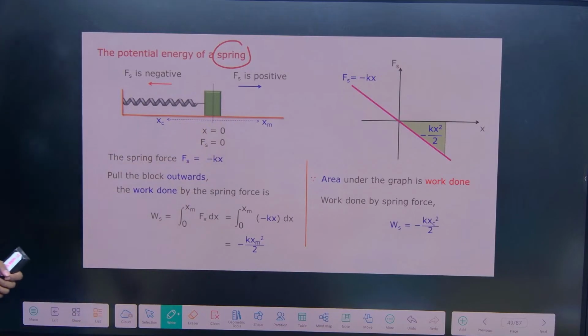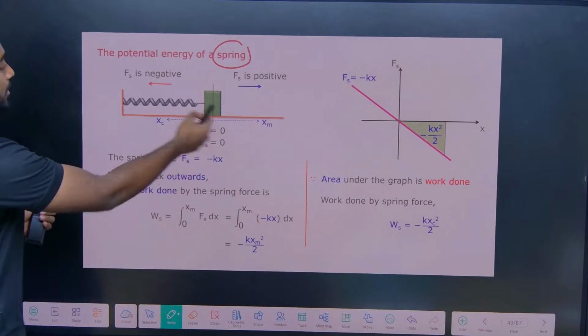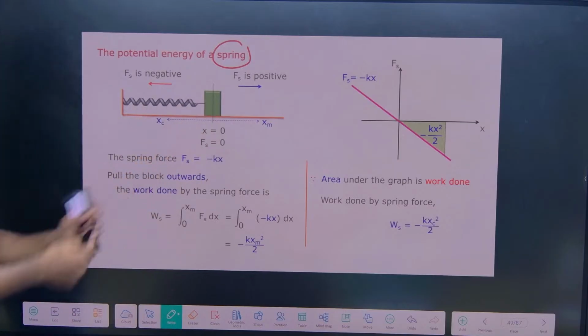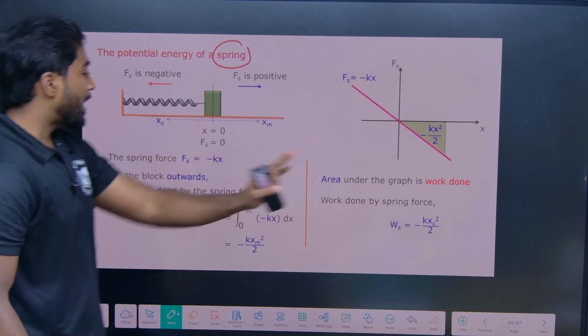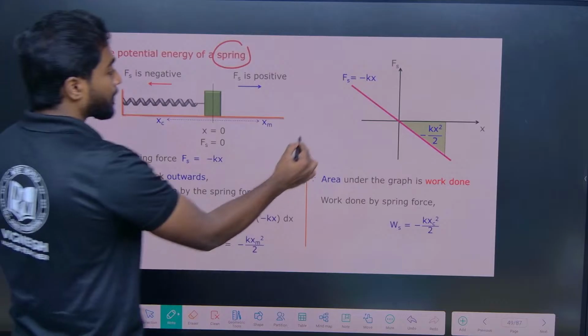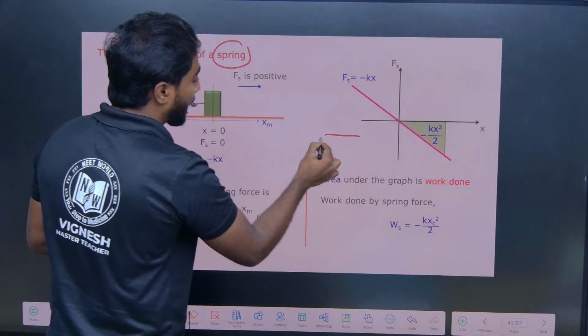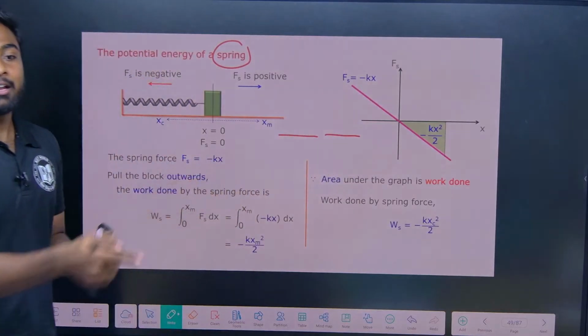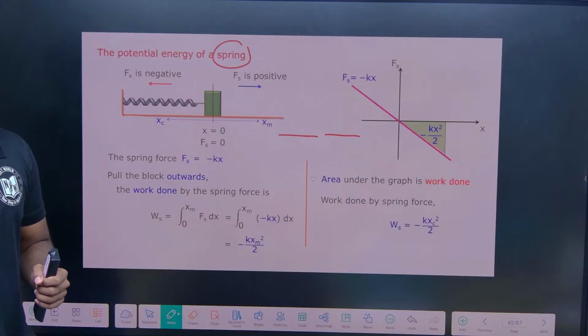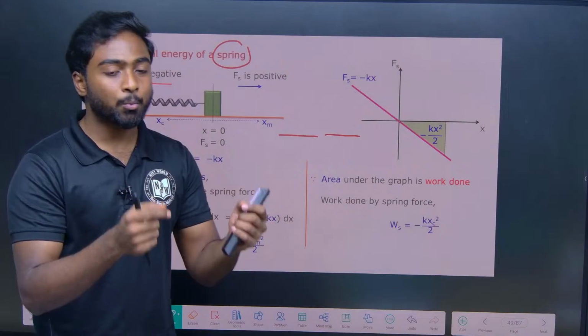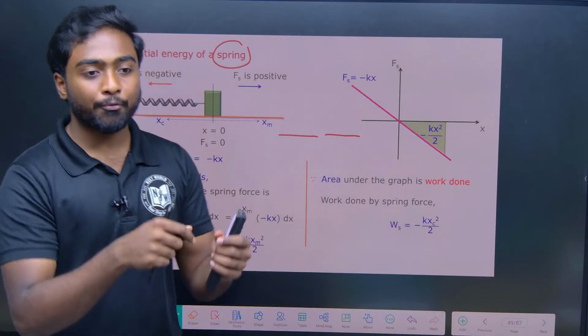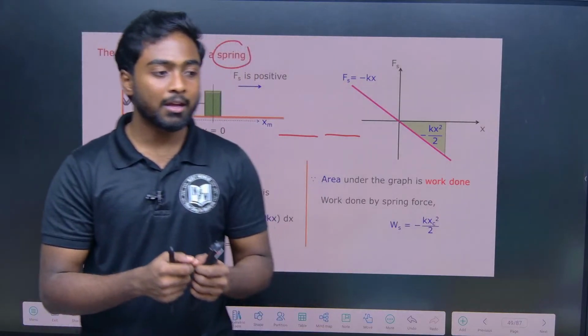If I compress it, F is negative. If I extend it, F is positive. Whenever I extend or compress, it directly depends upon the force. If I apply less force, the compression or extension will be less. If I apply more force, the compression or extension will be more.